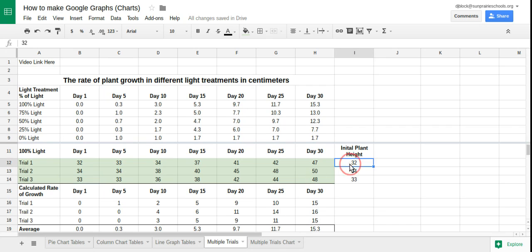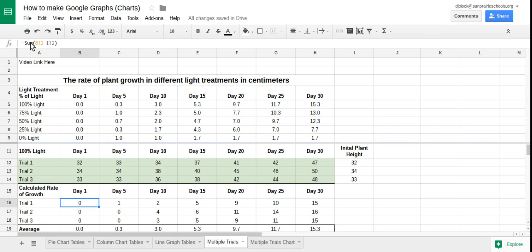So over here I have this initial height of the plant marked, and that initial height is set up so that I can write an equation down here in this bottom part and have the computer calculate the growth itself. So what I've done is I have this information in an equation.